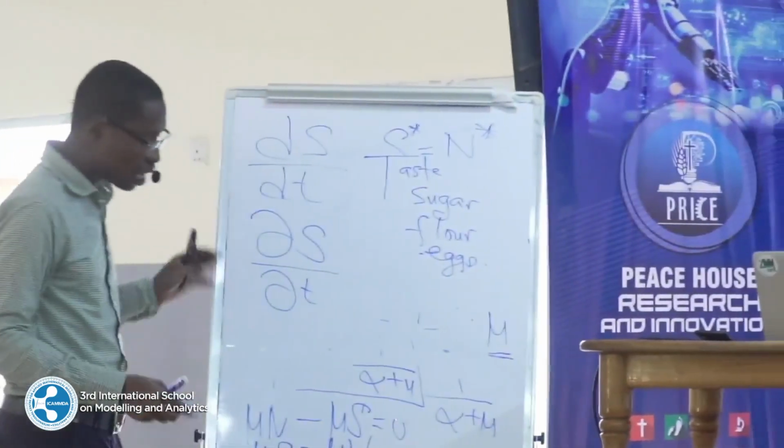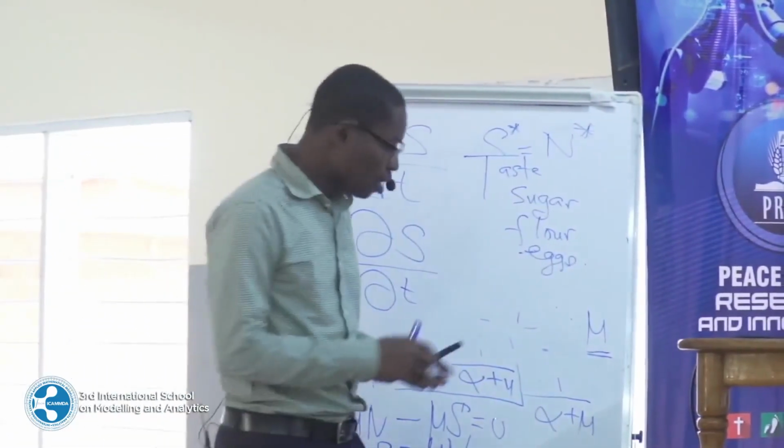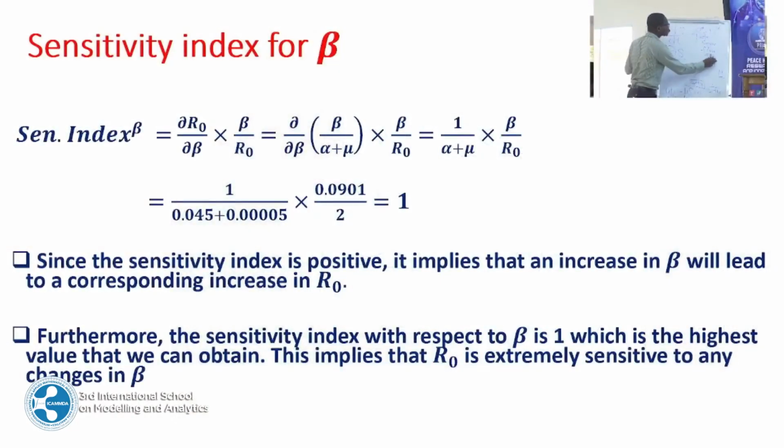So can we go back to the slide? So we have the partial derivative of R naught with respect to beta, times beta over R naught.